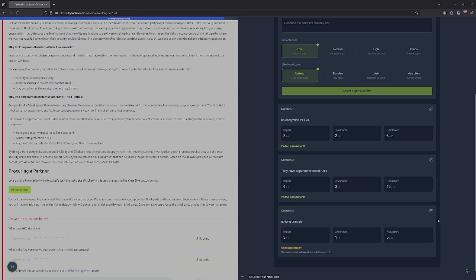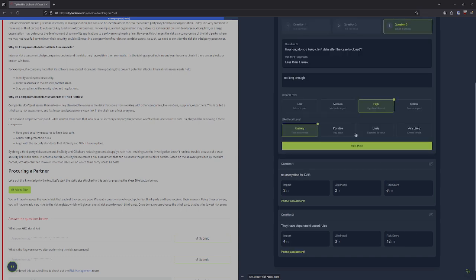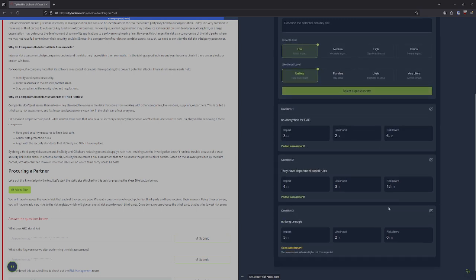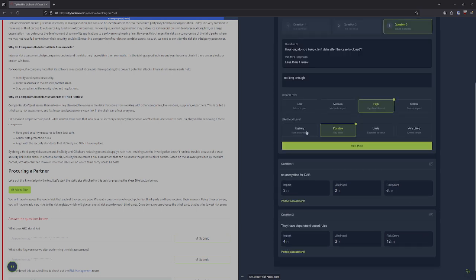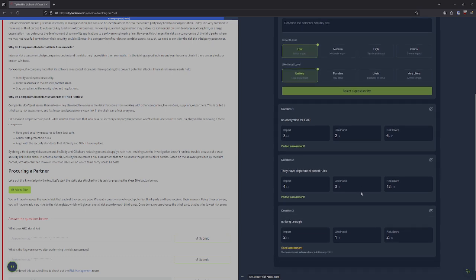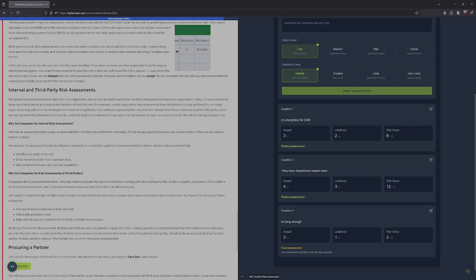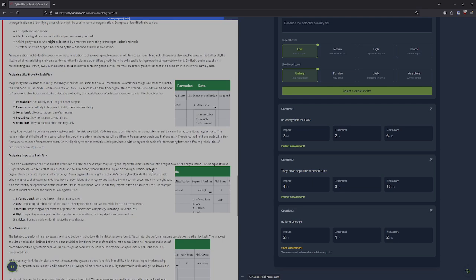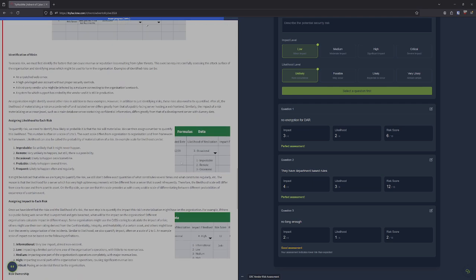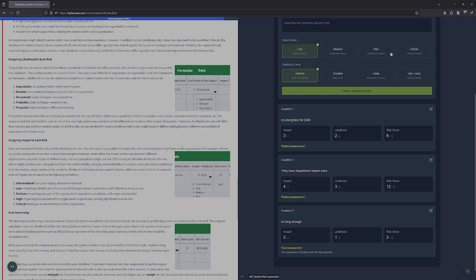Lower risk than expected. Higher risk than expected. It's 2. It needs to be 4. So I'm not sure, what are the values on these? So it's 1, 2, 3, 4, 1, 2, 3, 4, right? Okay.